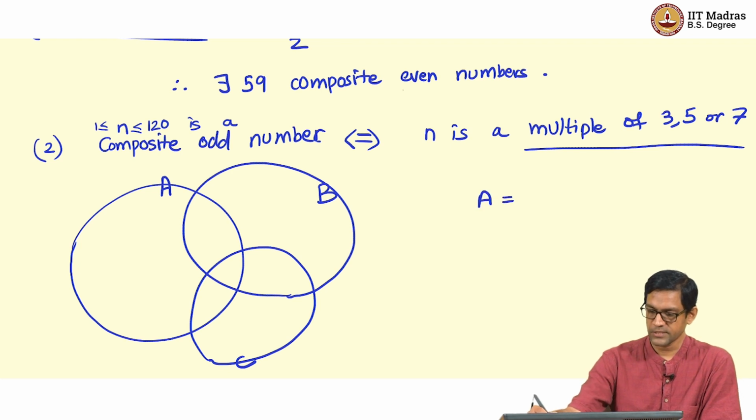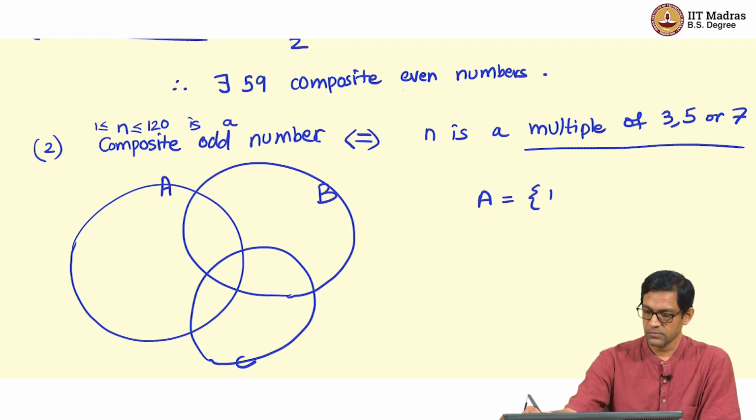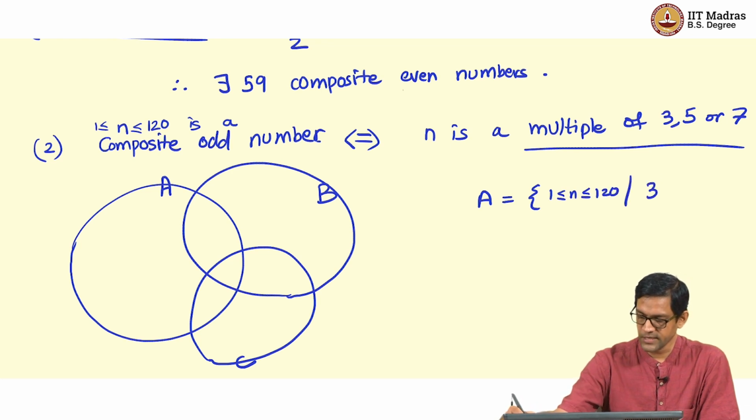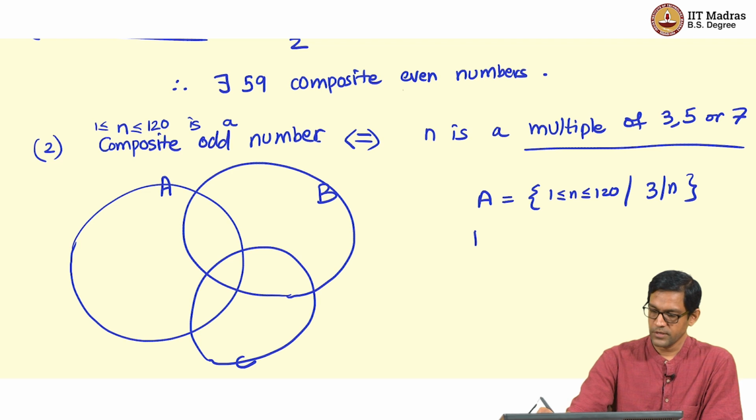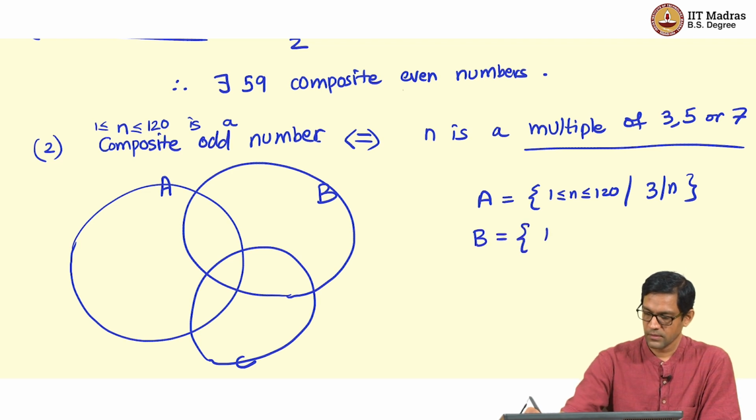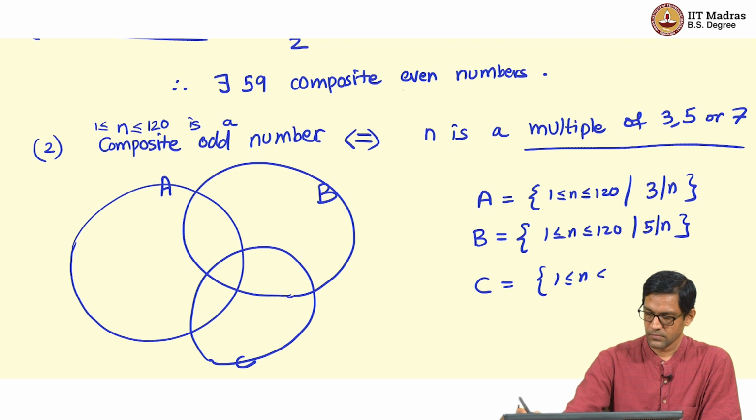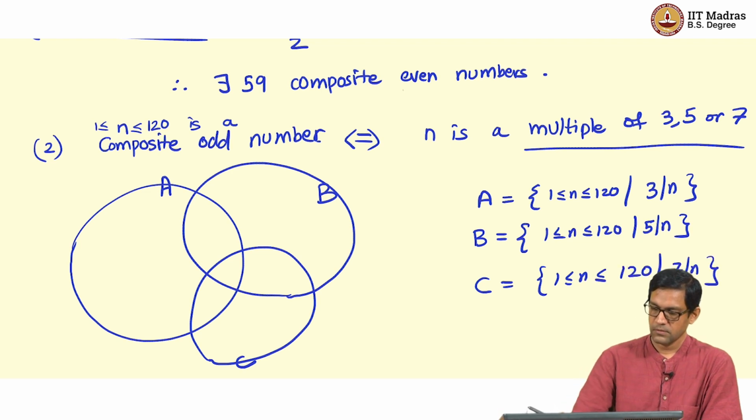So let A be the set of numbers from 1 to 120 such that 3 divides n, B similarly for 5, and C for 7 divides n.